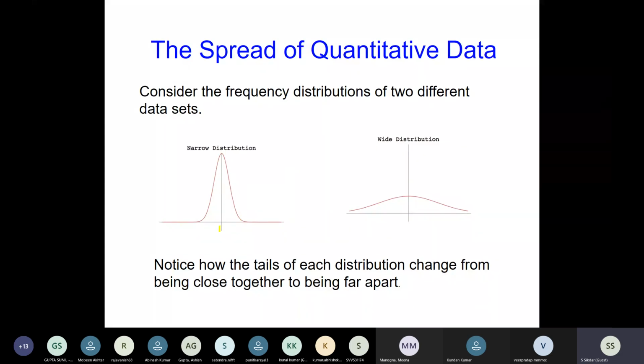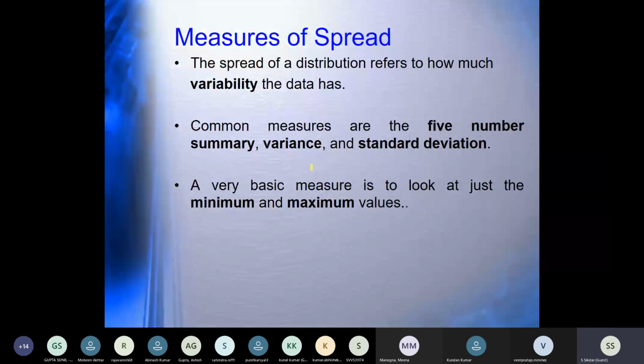The peak has become too tall, whereas this one is not too tall and is very wide. So that gives the spread of the quantitative data. Spread of the distribution refers to how much variability the data has, and common measures are variance and standard deviation.